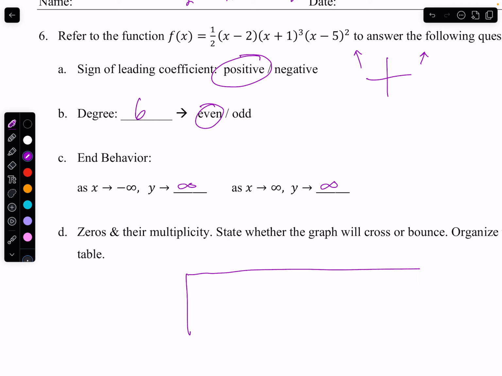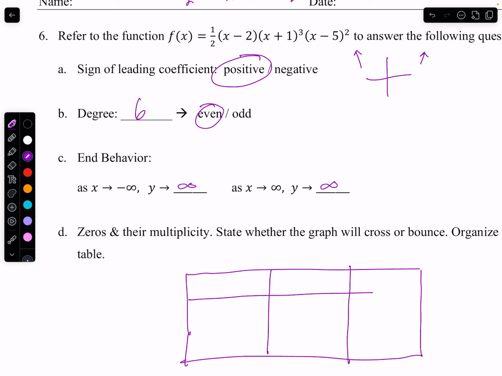Okay. So it looks like we have 3 zeros. So the first 0 is going to be (2, 0), because when I plug 2 in for this, I get 0. It has a multiplicity of 1.